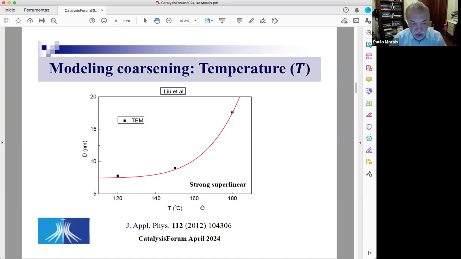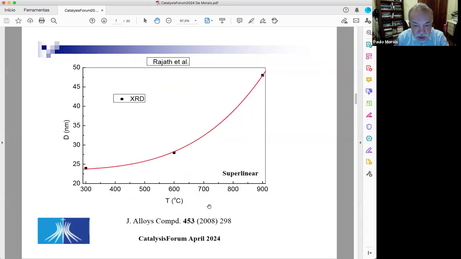All these materials are nanomaterials in contact with an aqueous-based solution. Another superlinear result was published by Aja et al. in 2008. The square dots are experimental data, and the red solid line is a fitting according to the model I'm going to discuss later in this talk.